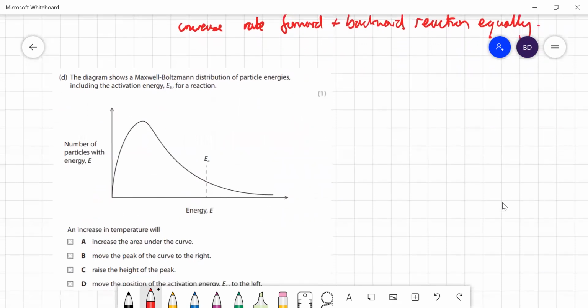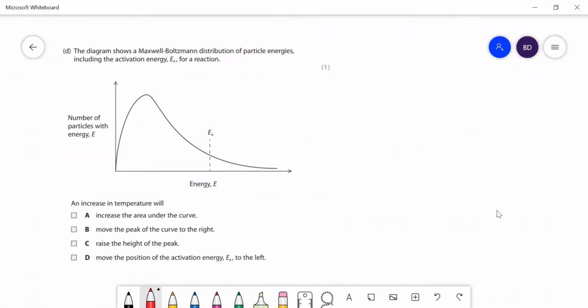The diagram shows a Maxwell-Boltzmann distribution of particle energies, including the activation energy. An increase in temperature will increase the area under the curve. That's wrong. The area under the curve is proportional to the total number of gas molecules, or particles, I should say, and that stays the same, so that's wrong.